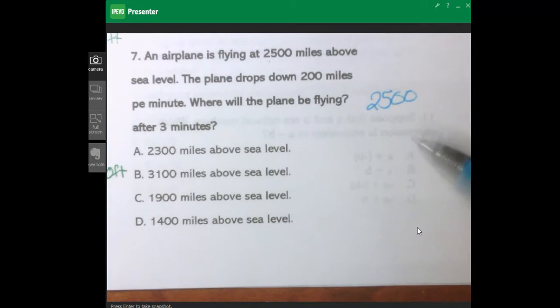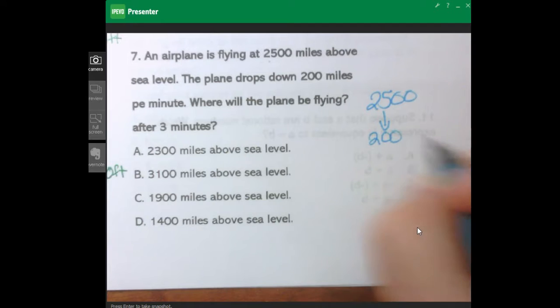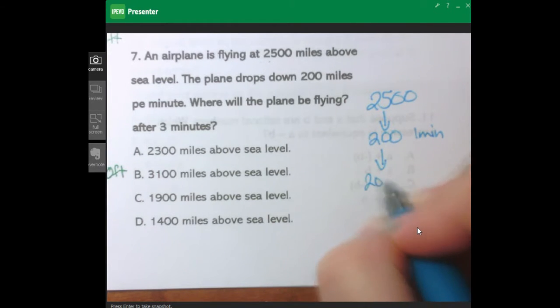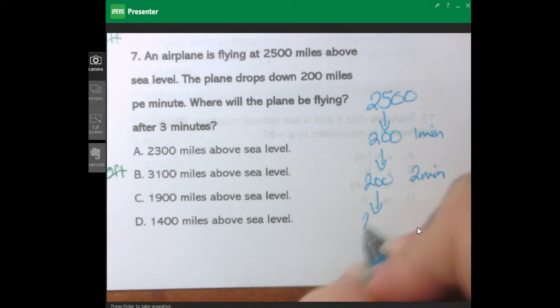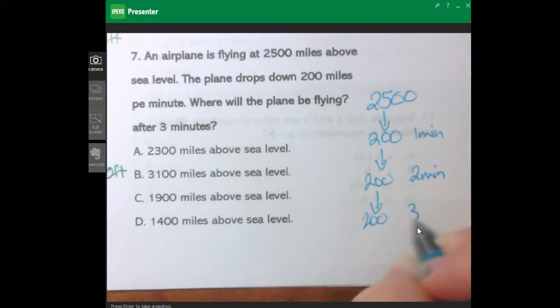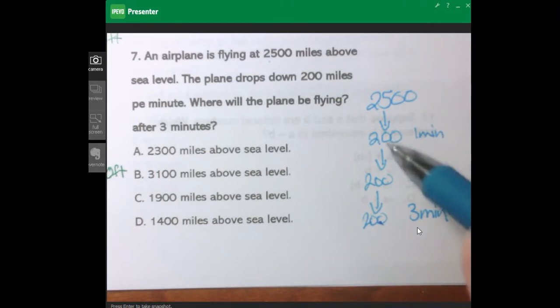Okay? So if the plane is at 2,500 miles above, and then they went down 200 in 1 minute. They go down another 200 after minute 2, and another 200 after minute 3. So really, I'm just going to subtract 200 3 times.